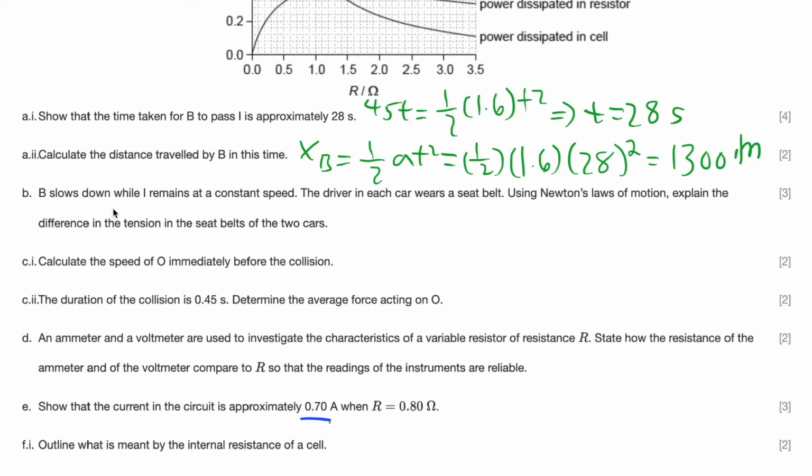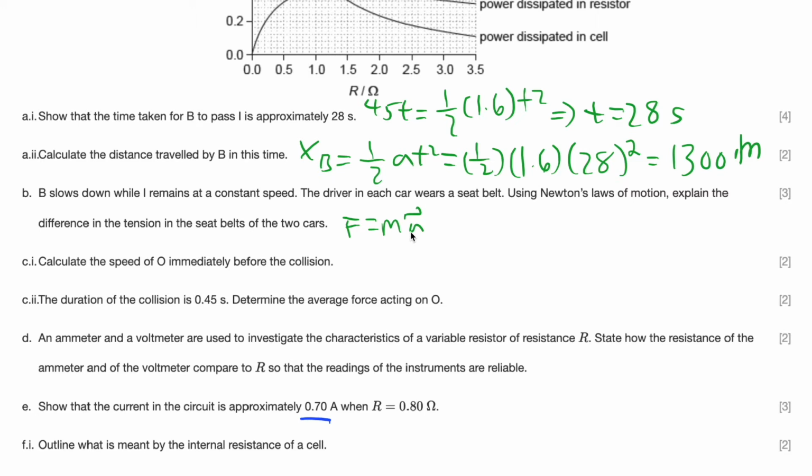B slows down while I remains at a constant speed. The driver in each car wears a seatbelt. Using Newton's laws of motion, explain the difference in the tension in the seatbelt of the two cars. Newton's law states that when an object is moving at a constant speed or is stationary, the net force of the system must be equal to 0. B is slowing down, so there's got to be a force, right?